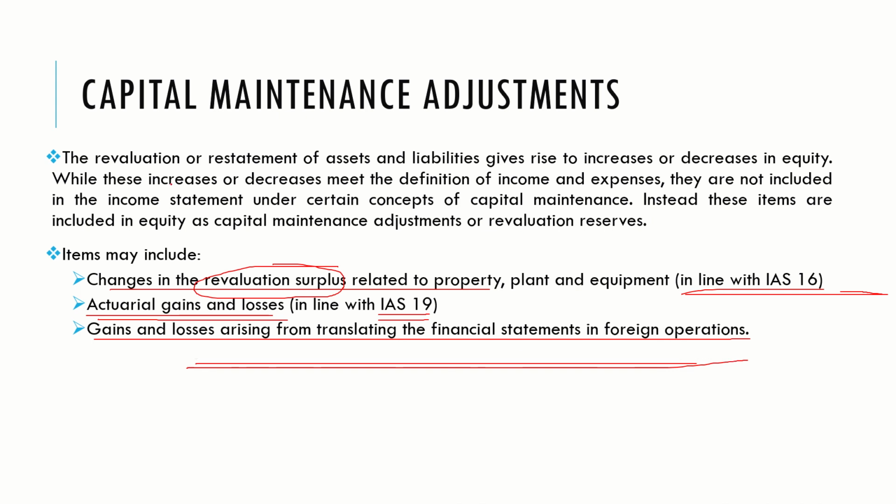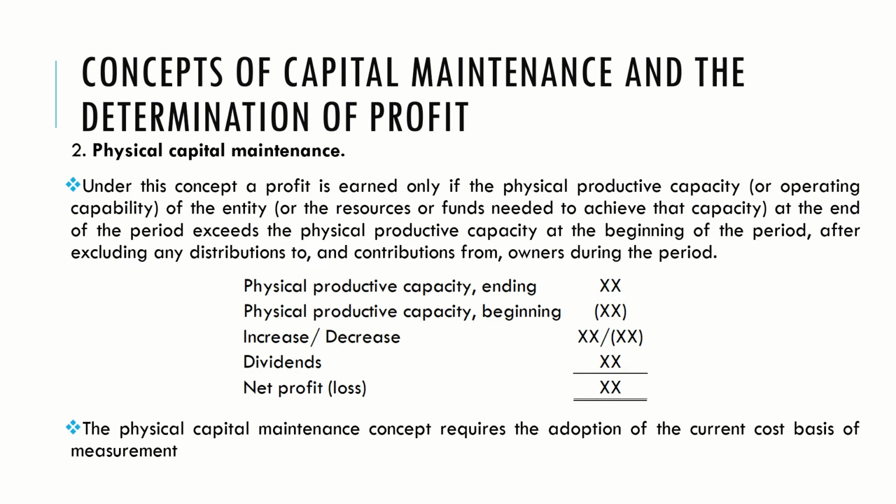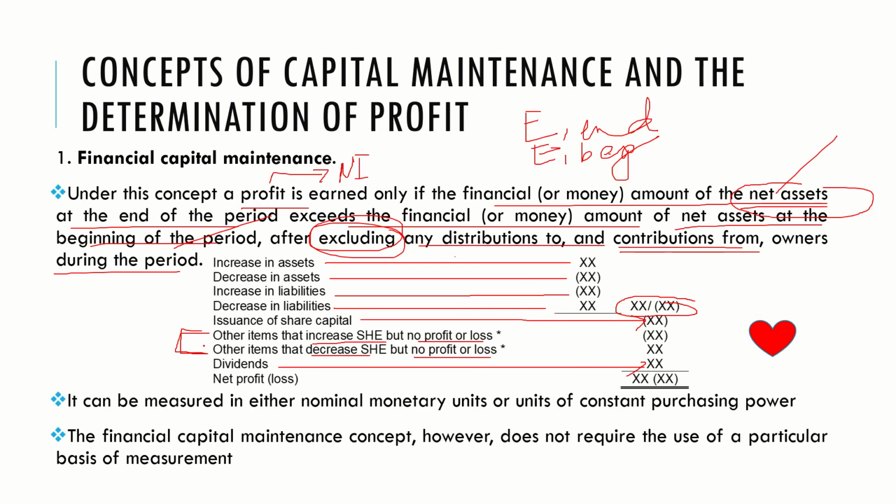Kung babalikan ko po yung formula, okay, ayan, no? They may cause increase or decrease in our equity but does not represent any profit or loss. So at the end of the day, your capital maintenance concept is computing for the net profit or loss. So para kayong nag-squeeze, ika nga kung gumagamit kayo ng Valix, or nagwo-work back kayo ng net profit or loss.